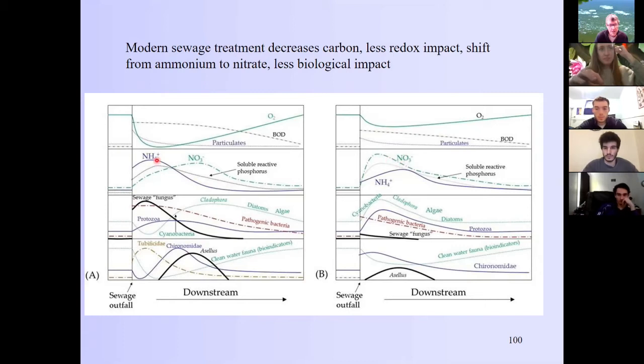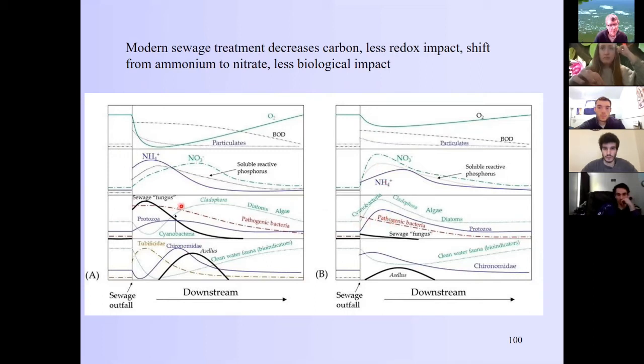Ammonium's toxic, and so the amount of ammonium and biochemical oxygen demand and pathogenic bacteria you can release is regulated. So oftentimes the nitrate will predominate, and the ammonium will go up as some of that's used and remineralized. Soluble reactive phosphorus will be lower if there are detergent bans, and there are also chemical methods for removing nutrients from sewage.